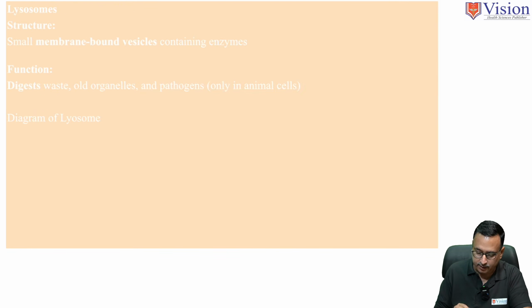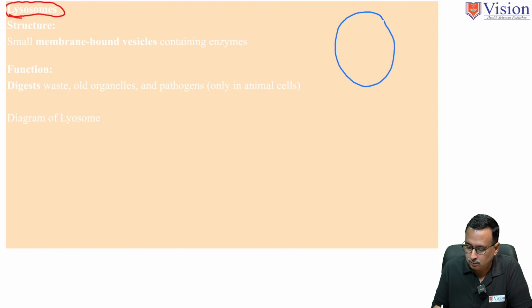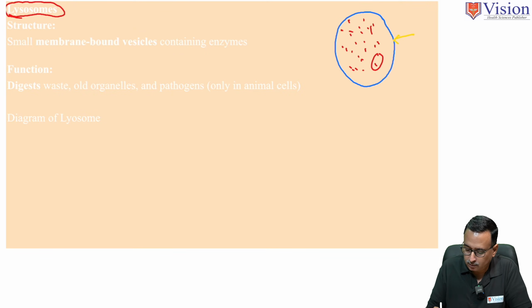So another cytoplasmic organelle which performs an important function in the body is the lysosome. A lysosome is a membrane-bound small vesicle or bag-like structure. It is the membrane, and interiorly it contains enzymes.